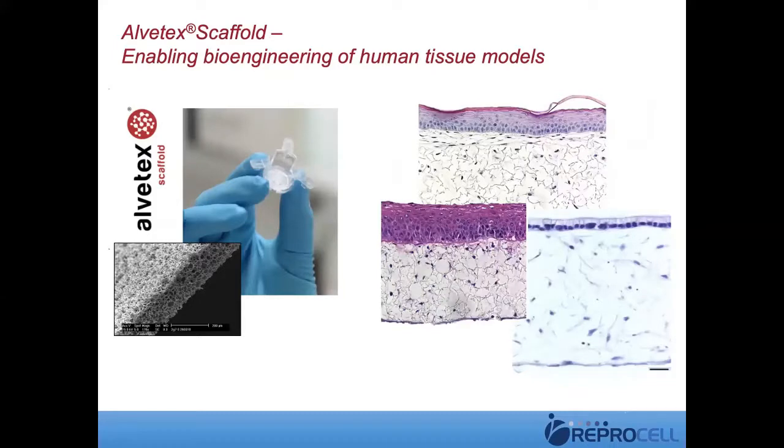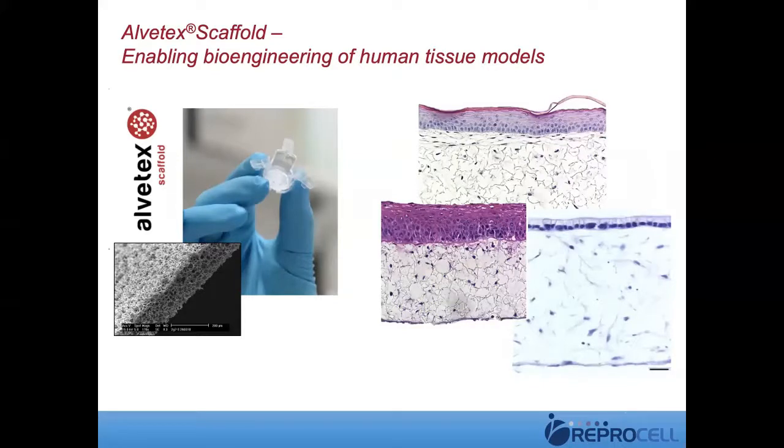So to summarize, Alvetex Scaffold enables you to perform three-dimensional cell culture experiments, but it goes beyond that as a technique. It enables you to bioengineer human tissue models of the types that I have shown to you today. But we've only done these particular ones.